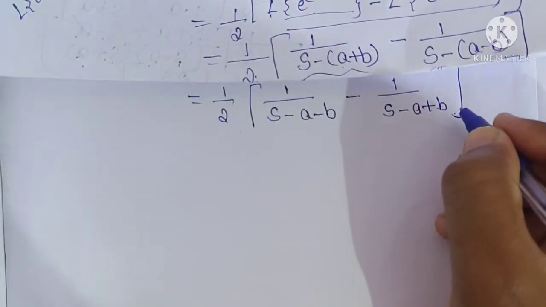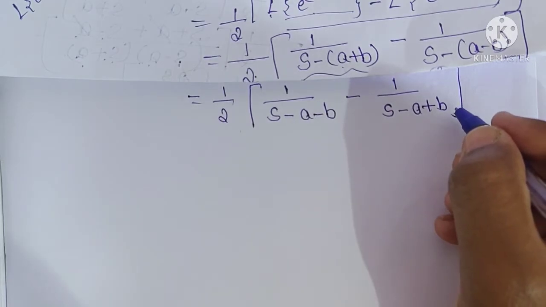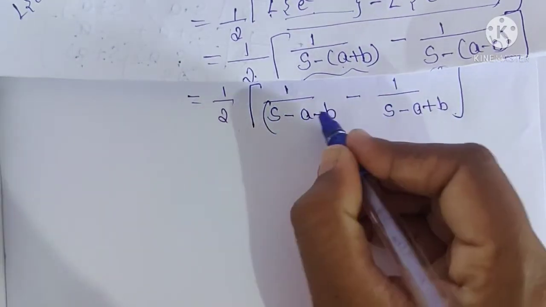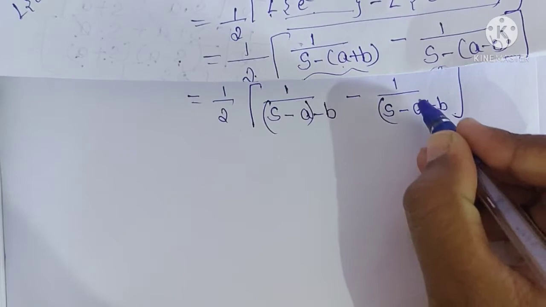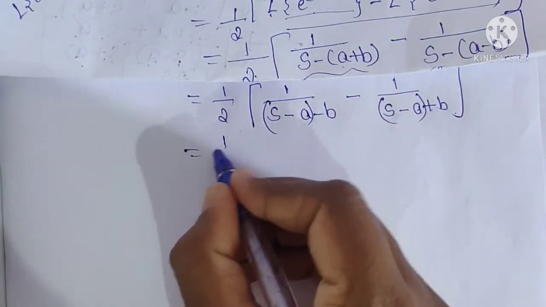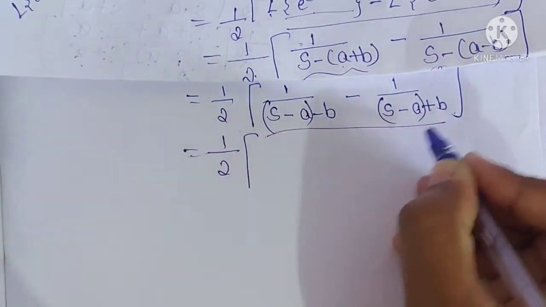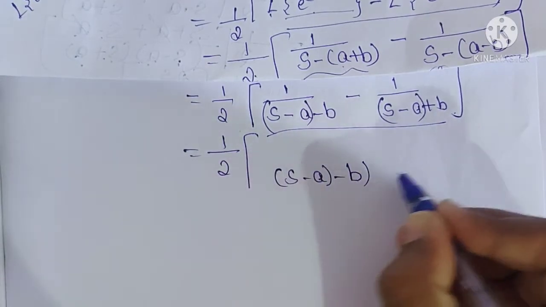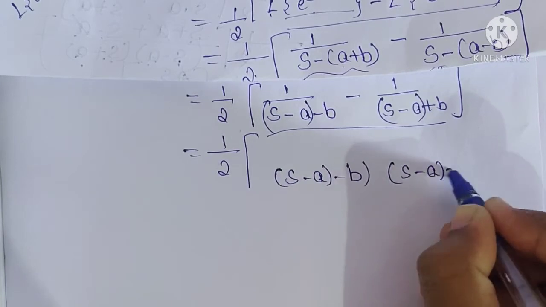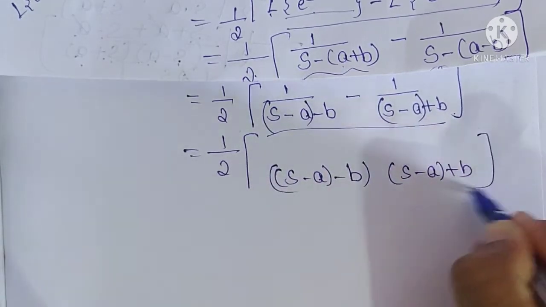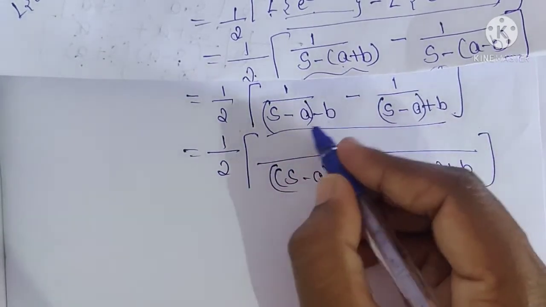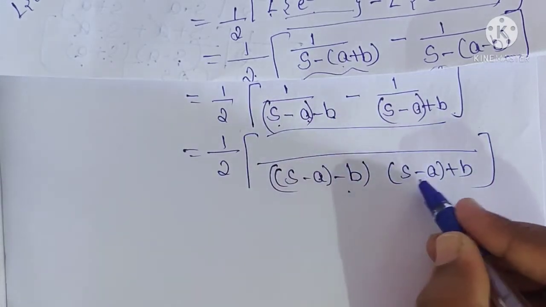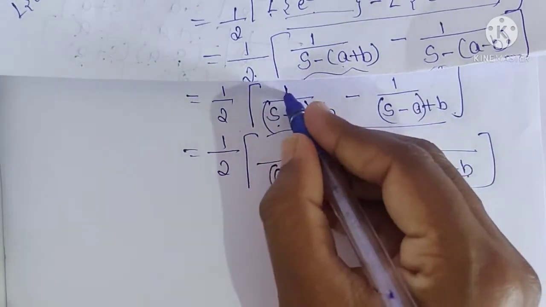Now you take the LCM. Before that, s minus a, make it one group. 1 by 2 into LCM of these two terms, which is the product of the two terms only: s minus a plus b and s minus a minus b. Here s minus a minus b gets cancelled, remaining s minus a plus b, multiplied to this term.